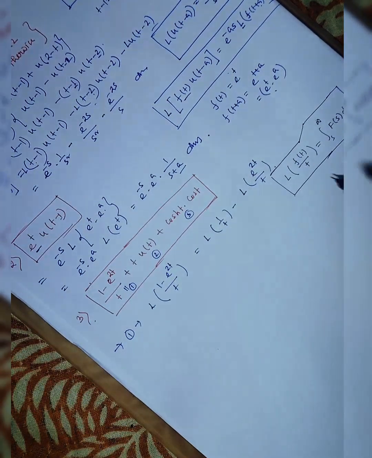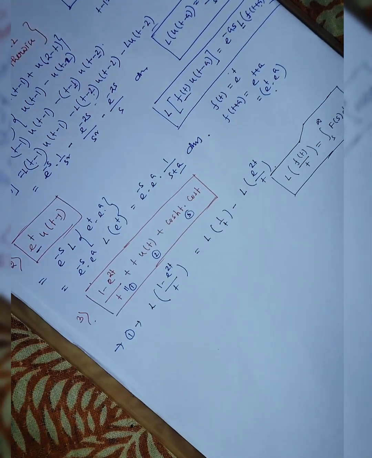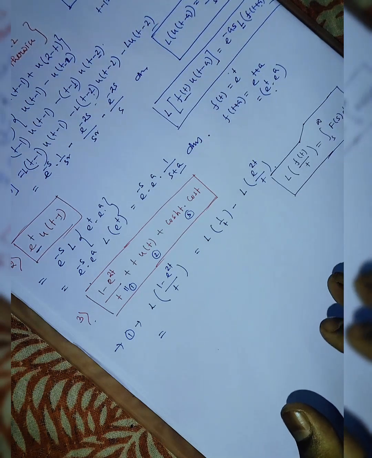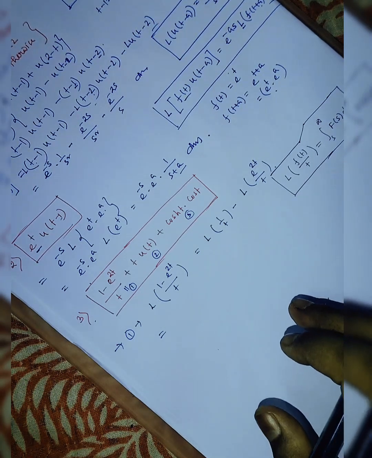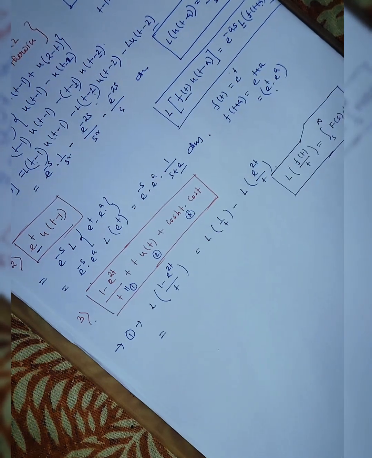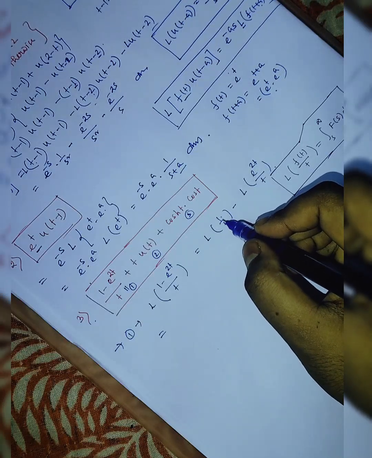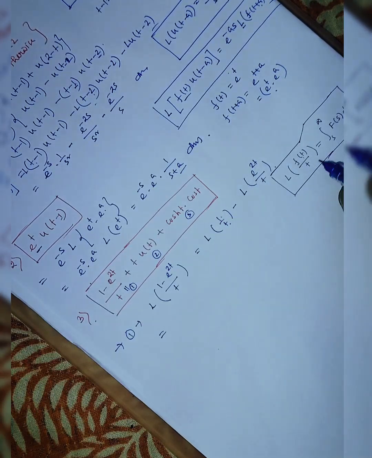Here you can see that f of t equals 1, and after that f of t equals e to the power 2t. So you can write L of 1 by t, with f of t equal to 1.